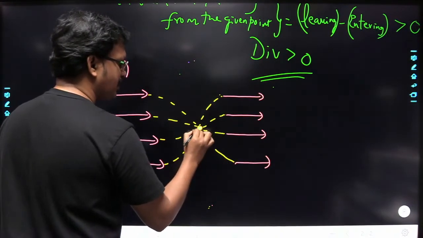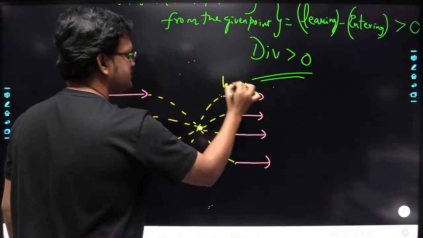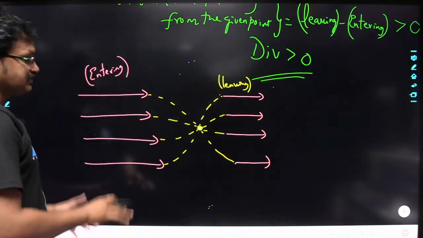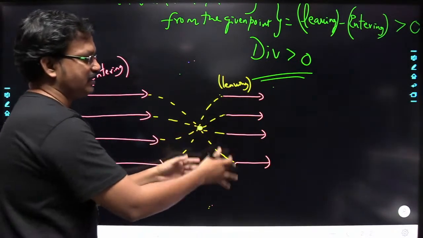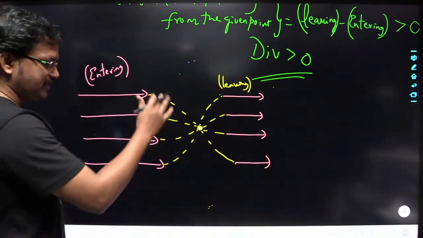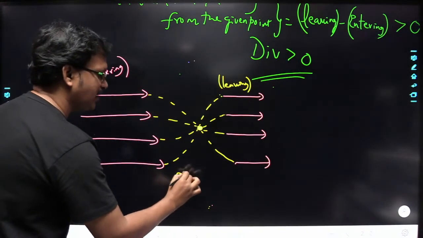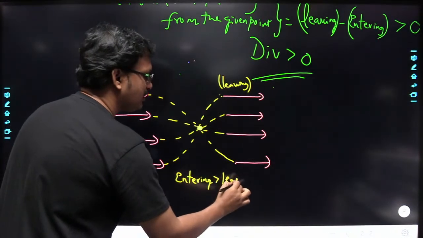So this is the field that is leaving. Now if you observe, the field that is entering towards this point is greater than the field that is leaving from this point, or not? Yes or no? So in this case, the entering field is greater than the leaving field.